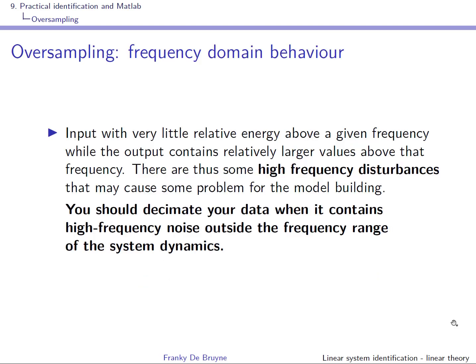Well, in this last subsection of the course we talk about oversampling, and this is really a phenomenon that appears if Ts is chosen much too small, right? And in this case this might lead to this oversampling phenomenon. We have already seen one of the indicators, and it's probably not the easiest one, and it consists in looking at the input-output dynamics, having an idea of the bandwidth of the system, and then looking at the noise model.